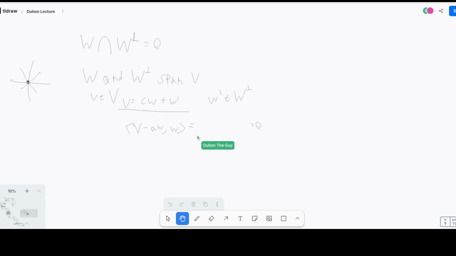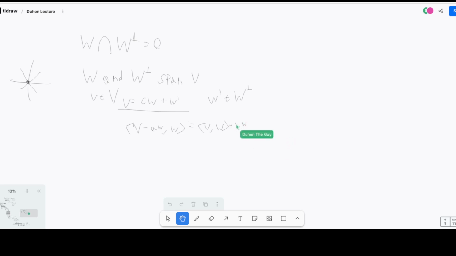So it's going to be basically just separating this guy: V minus aW, W. It didn't make enough space.